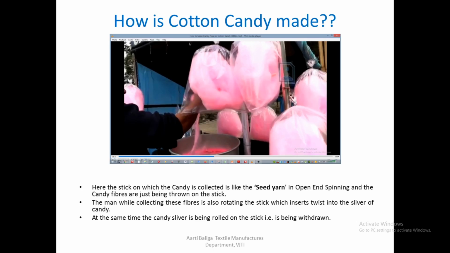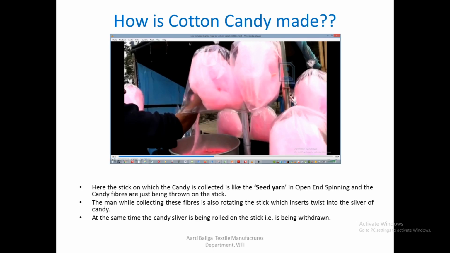At the same time, as he rotates the stick, whatever sliver is formed is withdrawn from that area and wound up onto the stick. So twisting and winding are happening at the same place at the same time, because the man is doing it with his hand, rotating it.